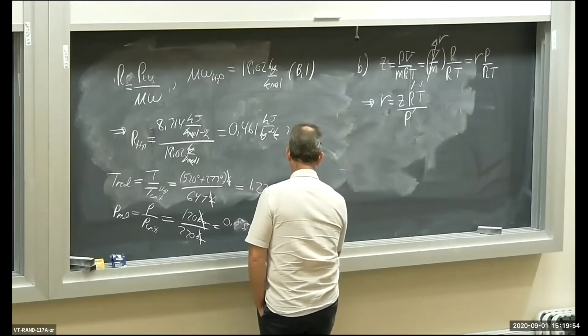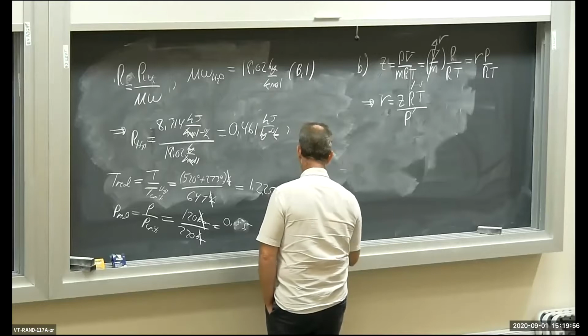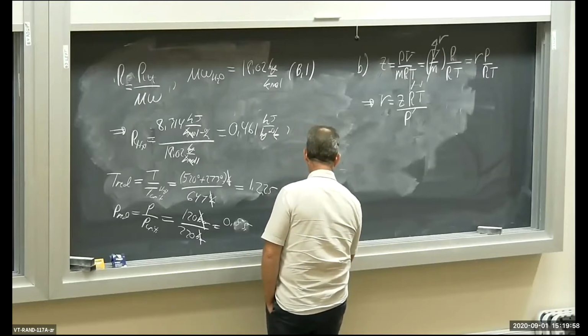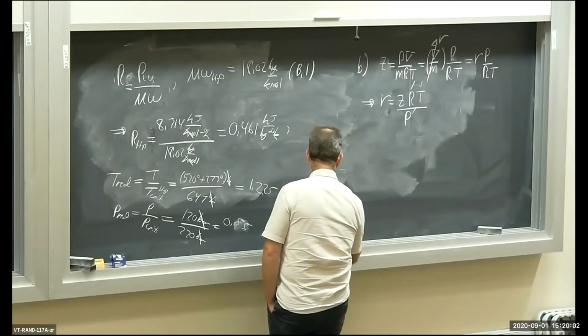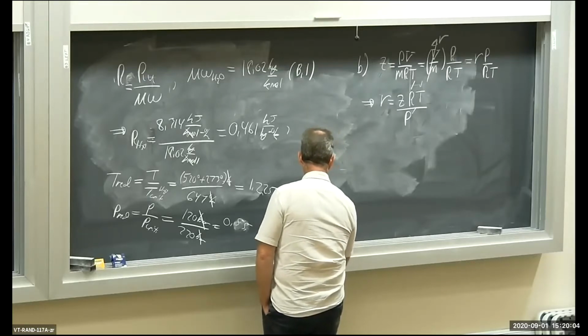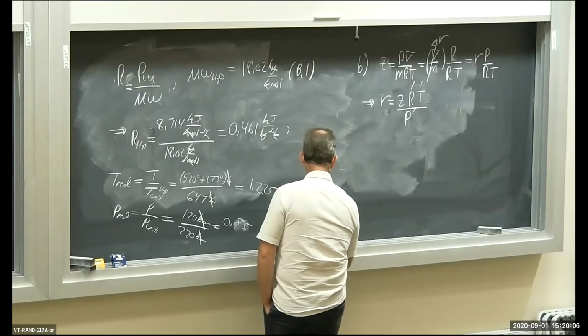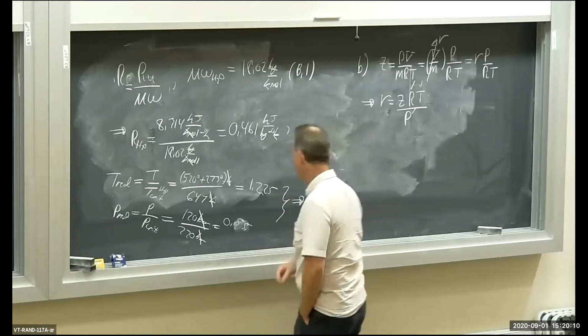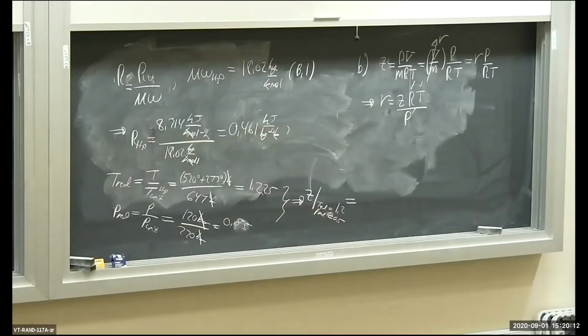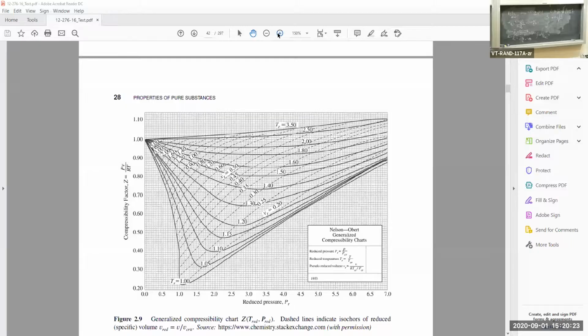So Z evaluated at a T reduced equals about 1.2 and a P reduced about 0.5. Let's get the compressibility factor from our compressibility chart. This is going to be kind of an eyeball affair here. Let's see here.